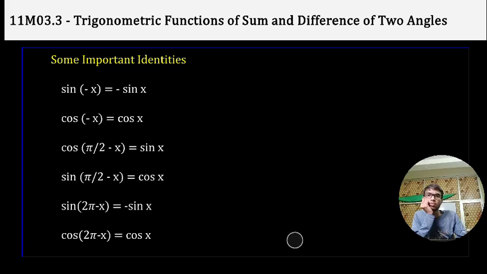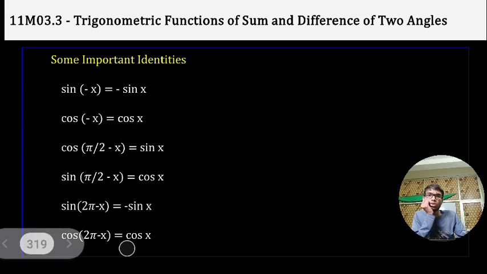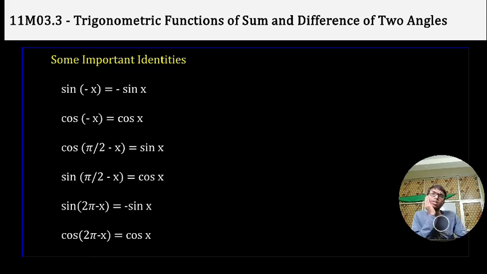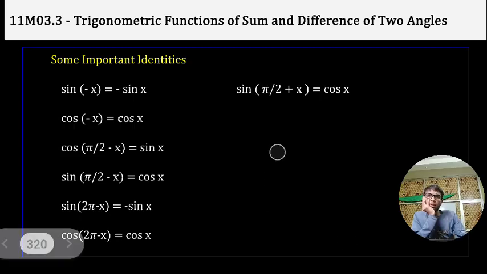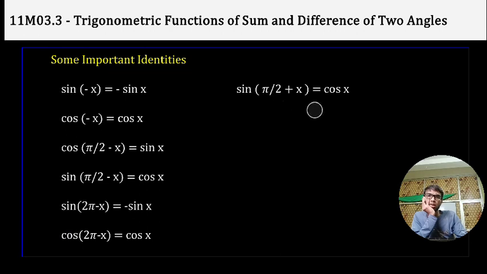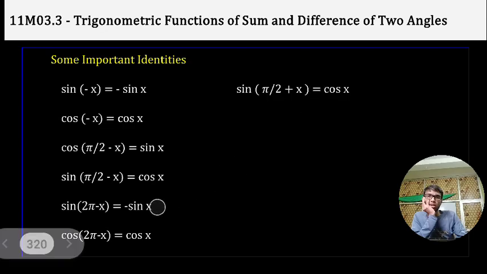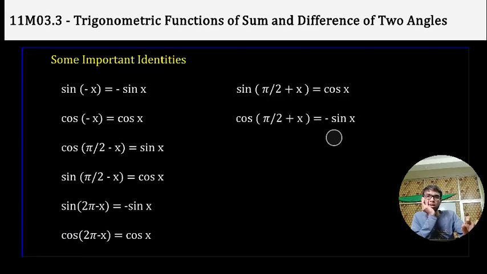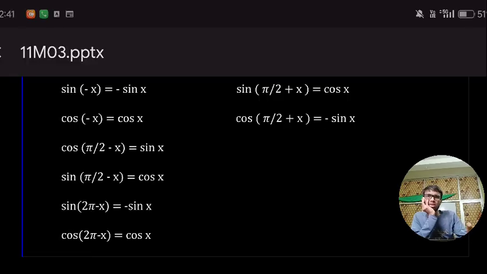Here, this is 2 pi, but it is not changing. 2 pi minus x. Sine pi upon 2, it is a perpendicular, so it is also as it is. Now it's changing itself.